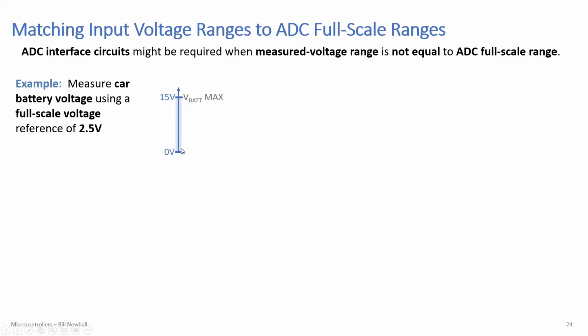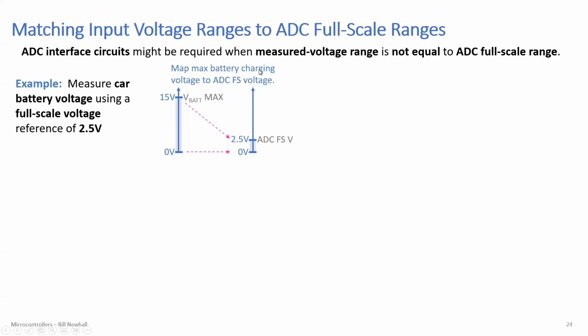So let's say you have a 0 to 15 volt range, but your ADC has a 0 to 2.5 volt range. If you connect these directly together, you're going to break the chip, most likely. And so you need to take this range 0 to 15 and map it to 0 to 2.5, right?